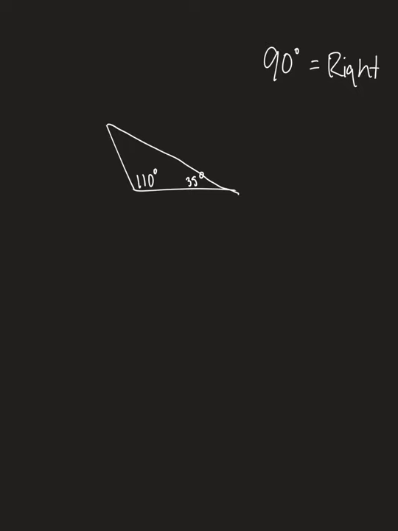Okay, now we know that 90 degrees is a right. We know anything greater than 90 degrees is open, so that's obtuse. We know anything less than 90 degrees is acute.